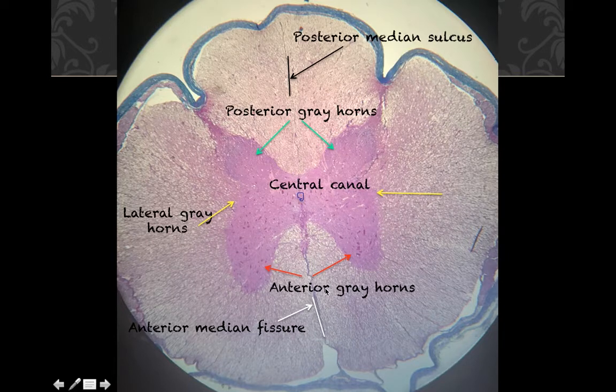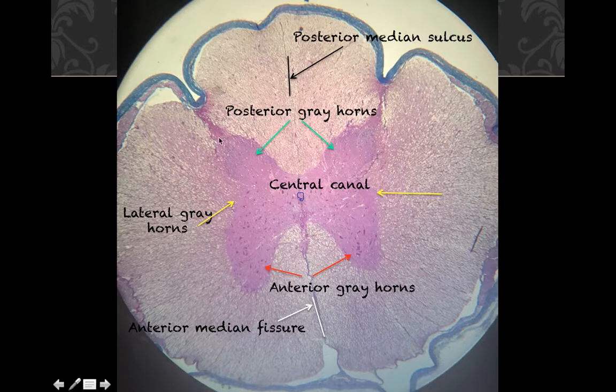So once you find out that's the anterior side, you know that this is the gray matter, that butterfly looking thing, and the anterior gray horns are here. The lateral gray horns are right here, and the posterior gray horns are right here.